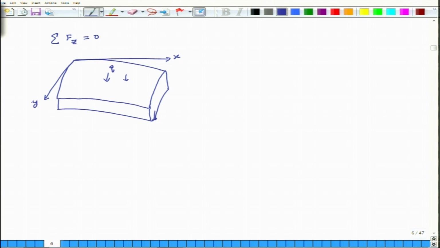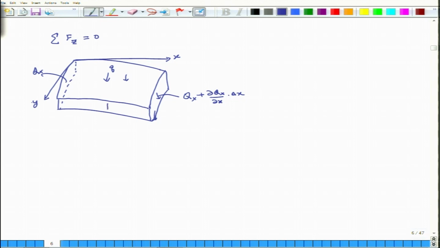One is Q, which is per unit area. Then there are out of plane shear resultants, which we had expressed as Qx and Qy. So, this is Qx plus del Qx over del x times del x, and here you have Qx.